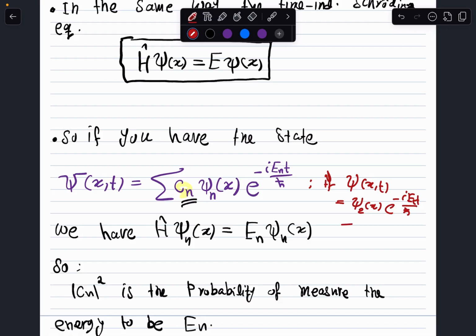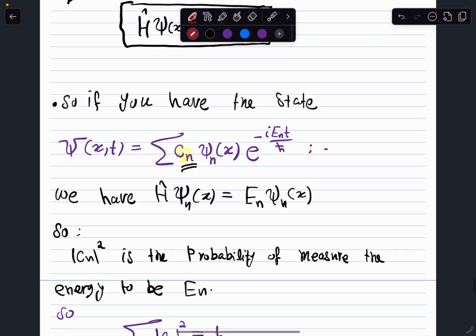Now, if it is a linear combination, let me call it C1, C2, and for example C3 psi 3 e to the minus i E3 t over h bar. Now, what's the probability of getting E2? It's no longer 1. It could be E2 or E3, because it's a linear combination again. So the probability is C2 squared. So this is, in a nutshell, the meaning of it.